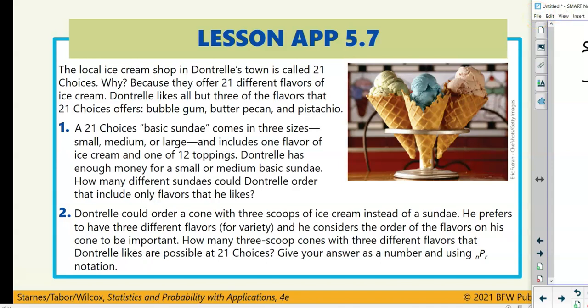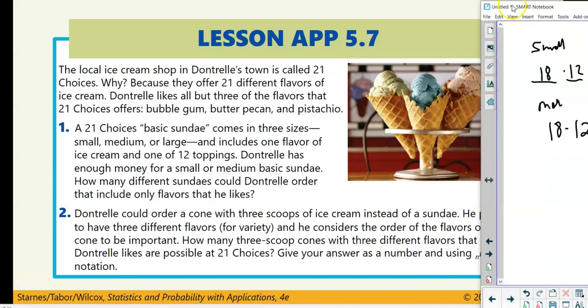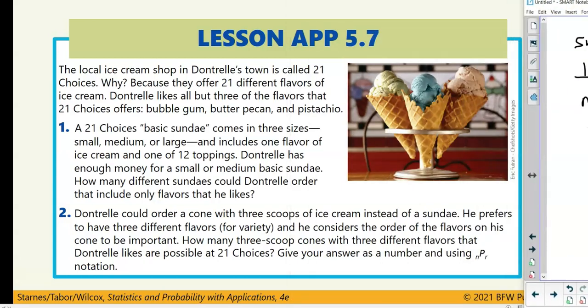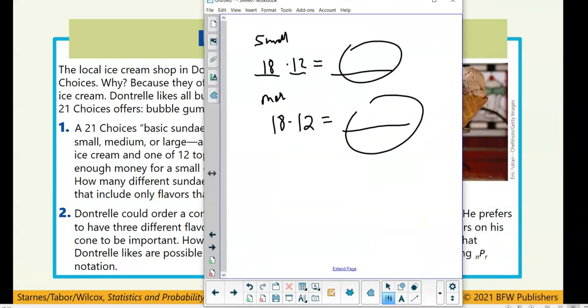So how many 3 different flavors are possible at 21 Choices? Using nPr, we've got 18 and he's choosing 3 of them.